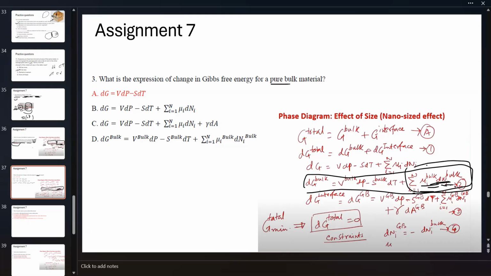So this term doesn't exist. That's why only the VdP and SdT terms remain. Mu i is for different components. So if you have two components, it will be mu1 dn1 plus mu2 dn2.